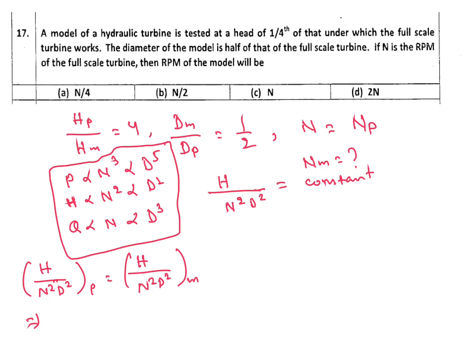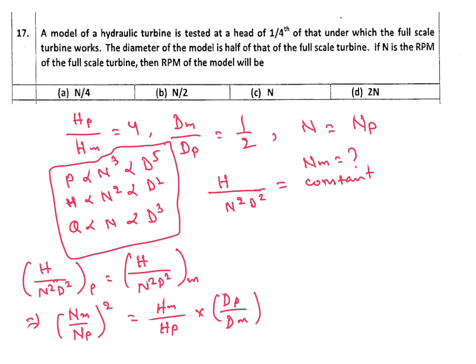So nm by np whole square equals head of model by head of prototype into diameter of prototype divided by diameter of model, square.